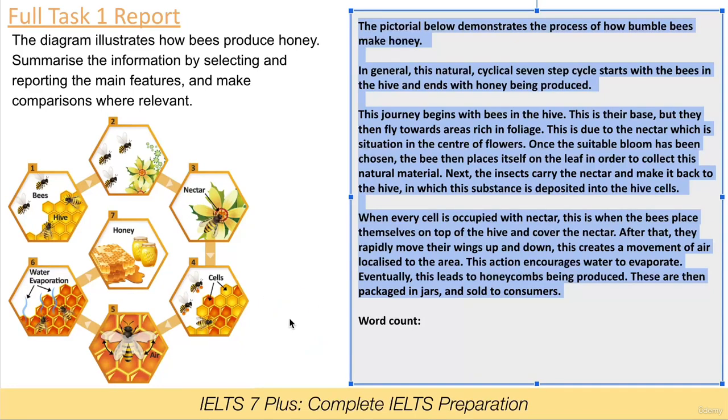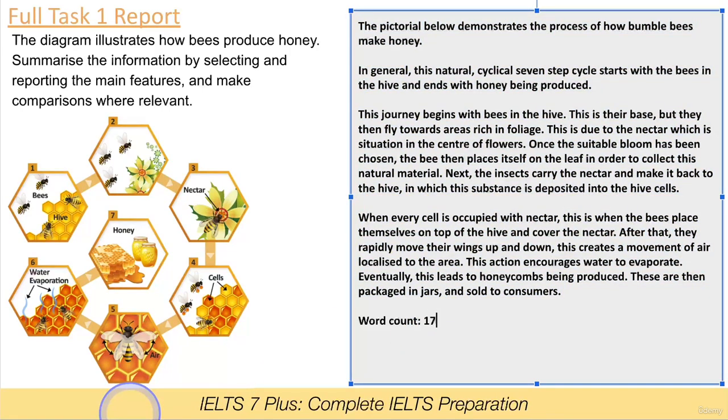Okay, so I was a little worried about the word count for this one, but actually it turns out that it's 179 words, so that's perfect, over the 150 minimum there.